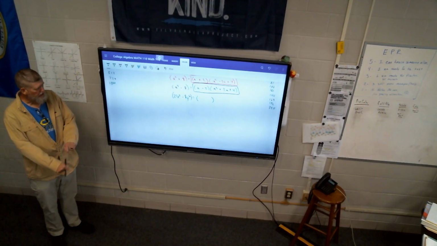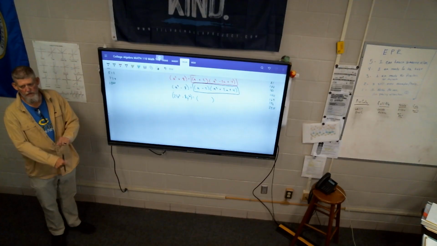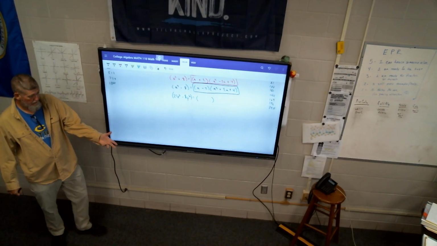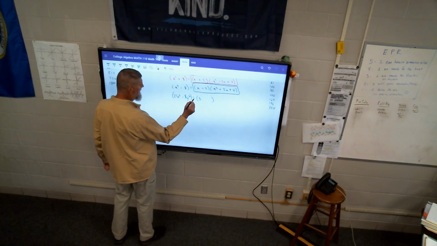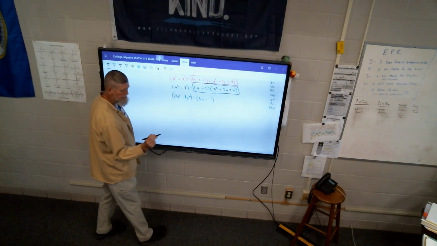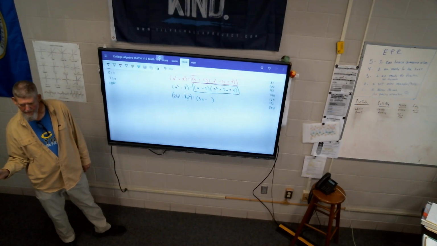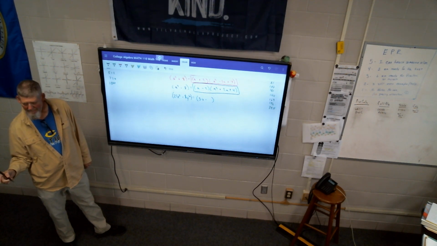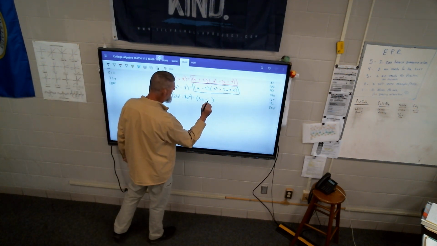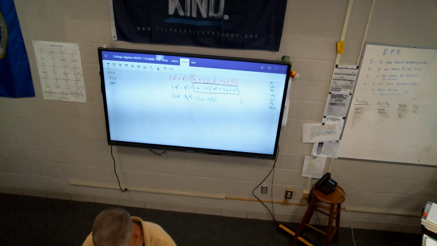So before we get too busy on this one, what goes in the first binomial? 3x minus 2y what? Squared. 2y squared. Very good. You can take that and apply it to the trinomial.